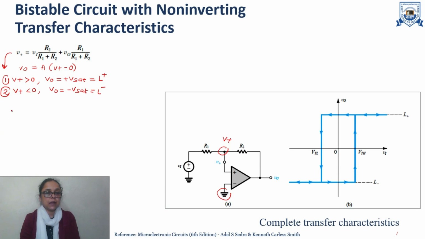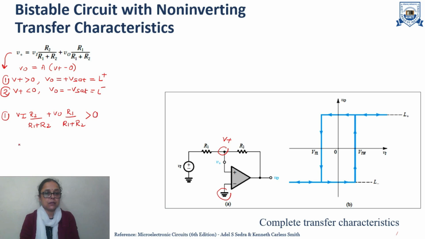So, putting the value of V plus in this equation, first, if we put V plus greater than 0, then Vi R2 upon R1 plus R2 plus Vo R1 upon R1 plus R2 should be greater than 0.